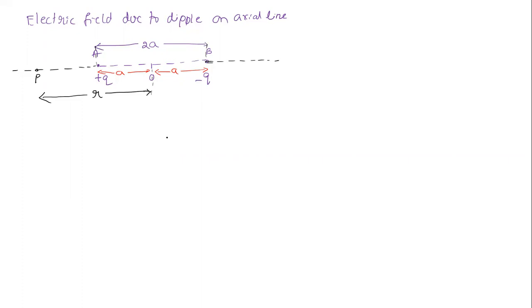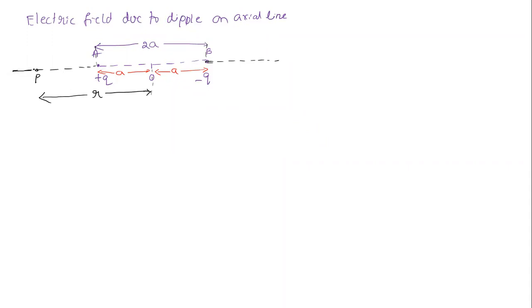From the center of the dipole. Since the positive charge is there, it is going to exert a force, meaning we need to find the electric field at point P, so we imagine a unit positive charge. What is the direction of the electric field due to the charge at A?